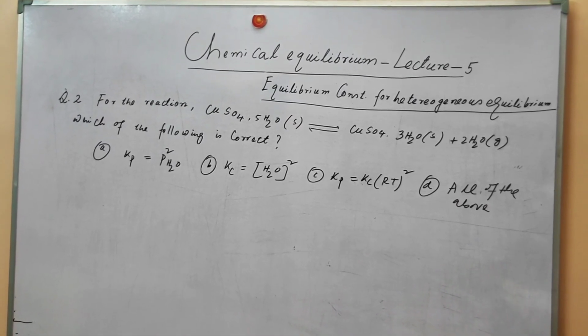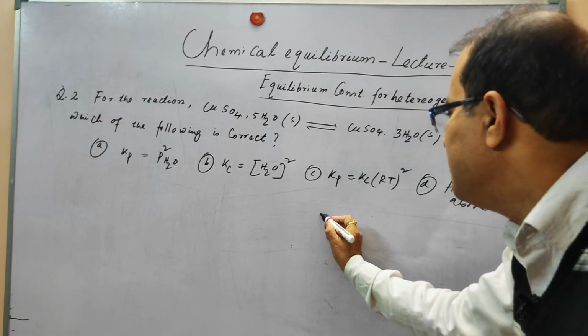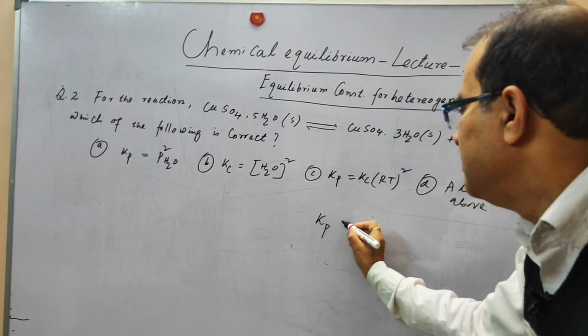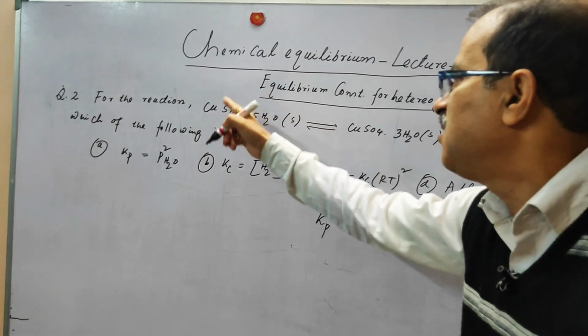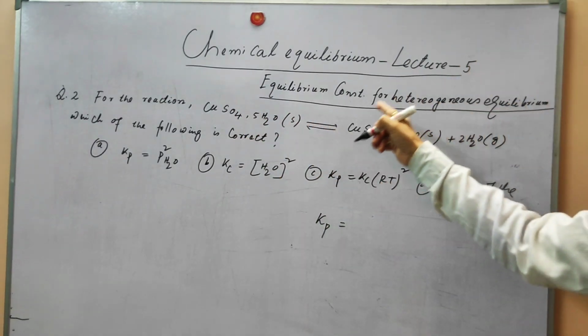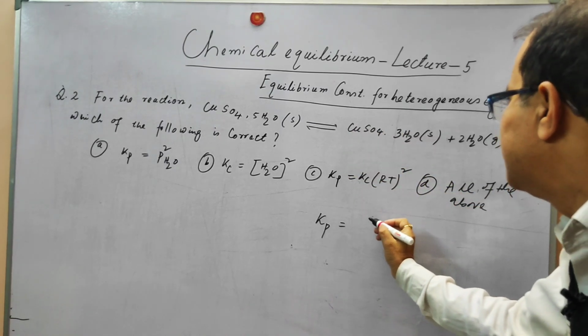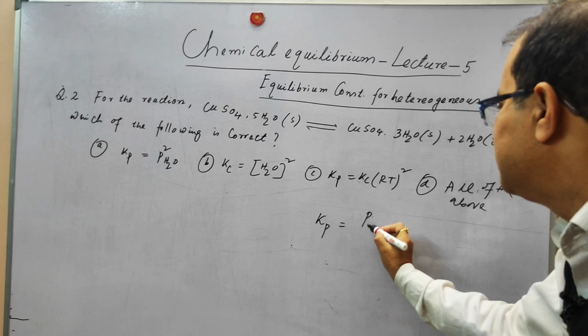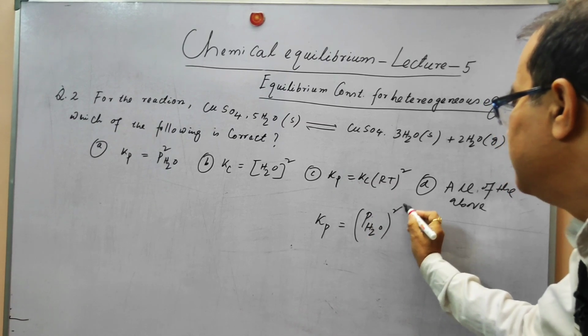See, for this heterogeneous equilibrium, we can write Kp; the partial pressure of the solid does not have any sense. So its Kp we can write as the partial pressure of H2, that is P over whole square.